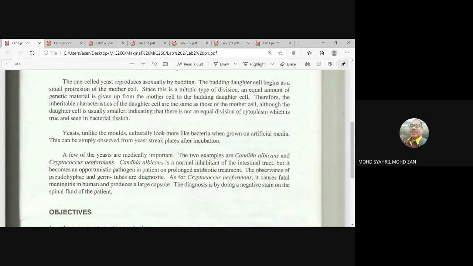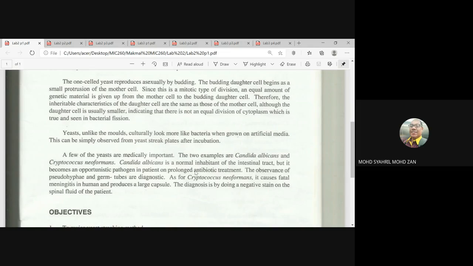So a few yeasts are medically important. Two examples that can be given in this experiment are Candida albicans and Cryptococcus neoformans. So what is Candida albicans? It's a normal inhabitant of the intestinal tract, but it's one of the opportunistic pathogens. Let's say kalau kita ada masalah sikit je, sakit perut dan sebagainya, so these types of yeast akan jalankan proses pathogenik.